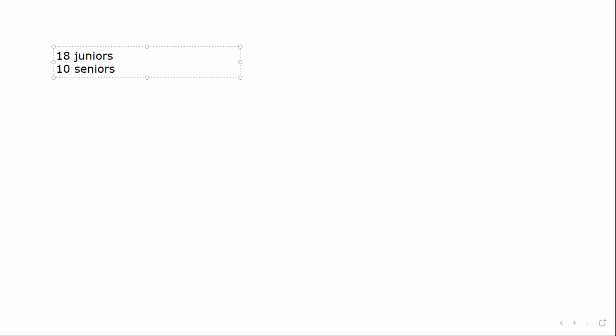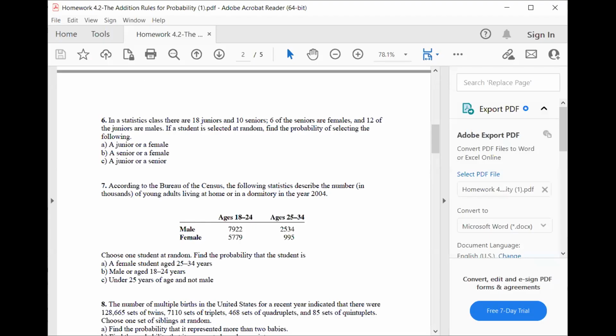So I know that 6 of the seniors are female and 12 of the juniors are male. So 6 female seniors and 12 male juniors. Okay.